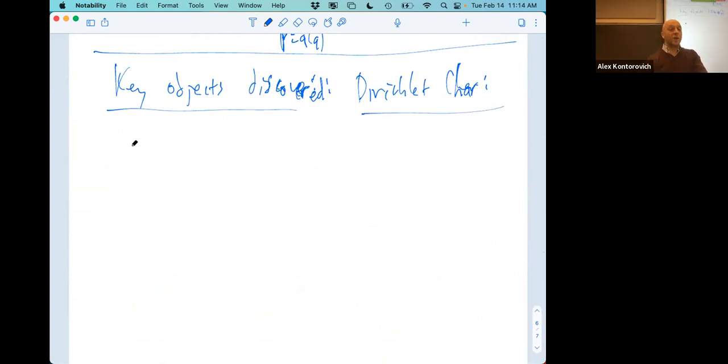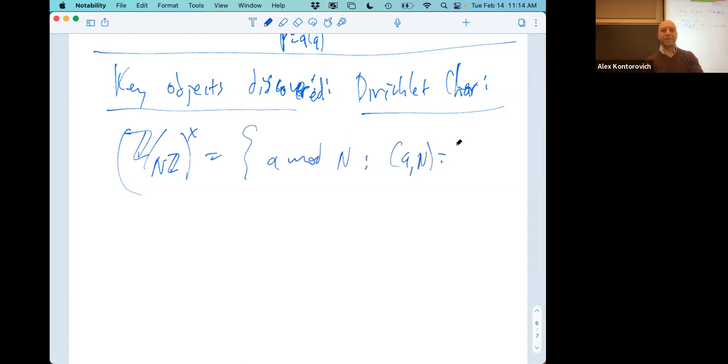Dirichlet characters. So a Dirichlet character is something very simple when you unpack it. If you look at Z mod nZ, the multiplicative group of Z mod n, these are the numbers that are coprime. This is the set of A mod n so that A and n are coprime. The residue classes mod n that are coprime to n will be invertible.